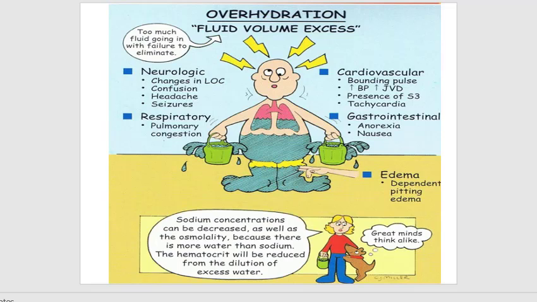Along those lines, another common way to cause fluid volume excess in a patient is a blood transfusion. And a lot of that has to do with patients who have a poor cardiac history. If you give them too much, because every bag of blood doesn't just have the red cells and the hemoglobin and hematocrit and everything in it. It also has fluid in it, just like our blood does.